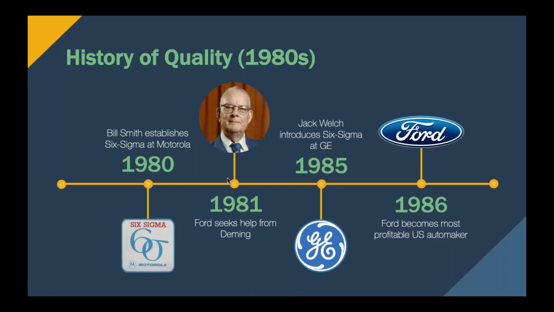So then in 1980, Six Sigma, which you might be familiar with or hate, depending on your leanings, was established at Motorola. In 1981, the American auto industry started to seek help from Deming, starting with Ford, and 5 years later, they became the most profitable US automaker.